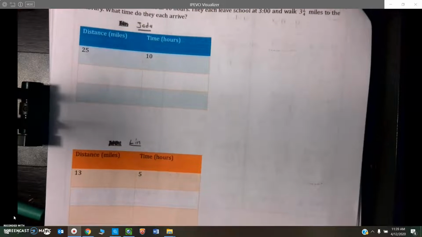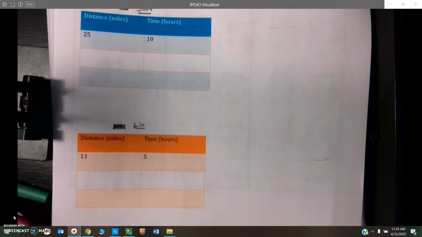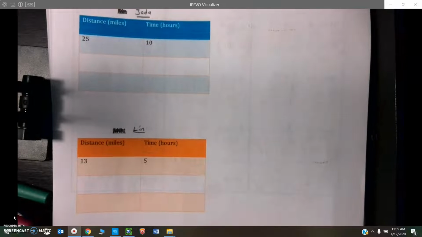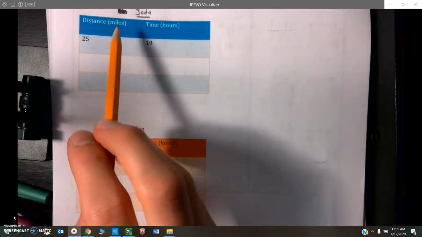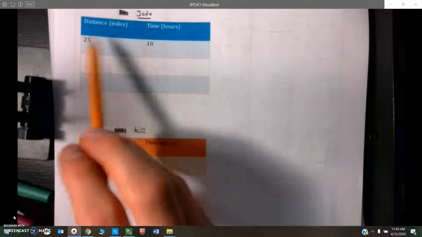So, down below you can see that you have been given two tables. And once again, these tables are ratio tables. Ratios are a relationship between two quantities, and so speed is always a ratio, right? So miles per hour.